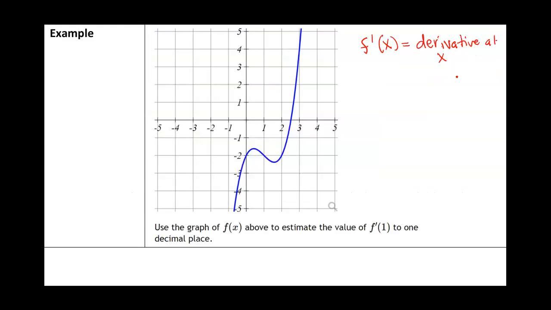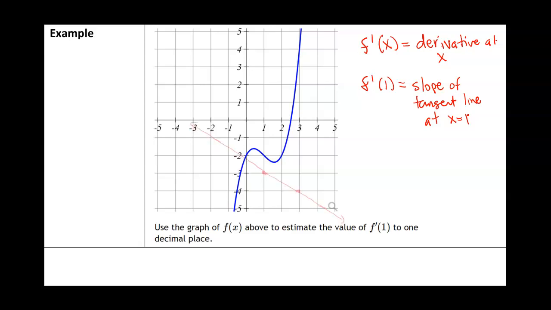So f prime of 1 represents the slope of the tangent line at x equals 1. Okay, so f prime just represents the slope of the tangent line at, in this case, x equals 1.